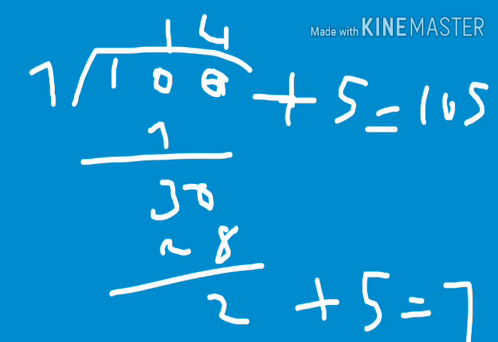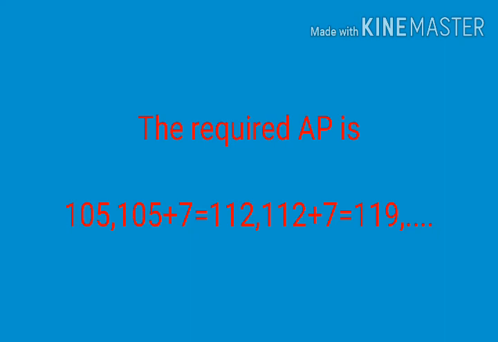So here 2 is there, so we need 5. So that 5 we need to add to 100. So what we will get? 105. So 105 is the first 3-digit number that is divisible by 7. Then the next number we will get by adding 7. So 105 plus 7 is 112. Then 112 plus 7 is 119.